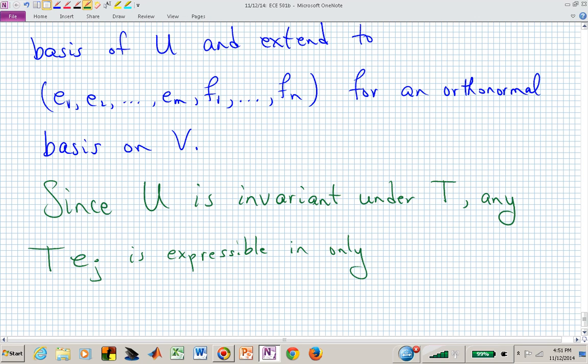Do we have a linear combination of vectors, and that linear combination has to be equal to T E sub j? And what list of vectors are going to be combinable to create T E sub j? E sub 1 through E sub m. So T E sub j is expressible in only E1, E2, E sub m.